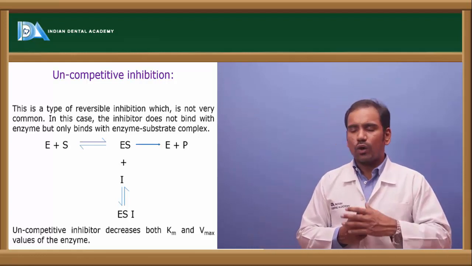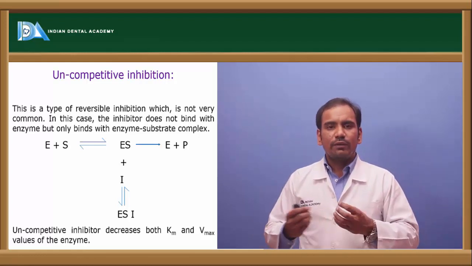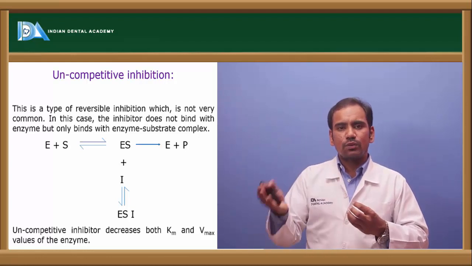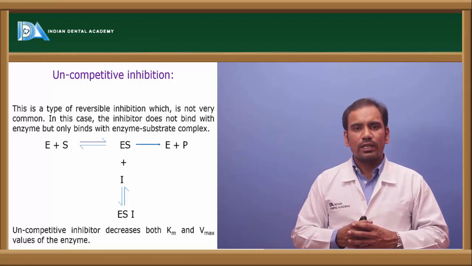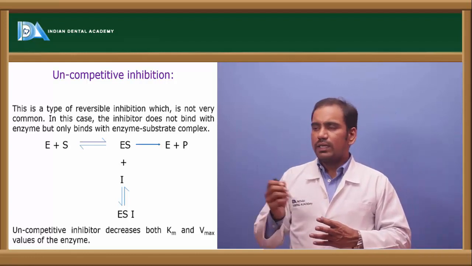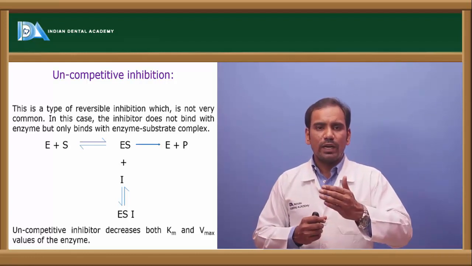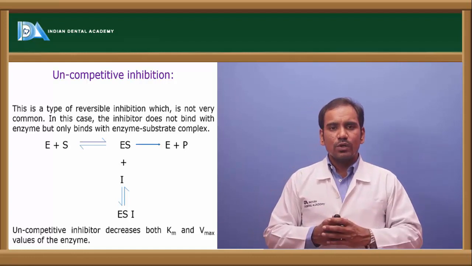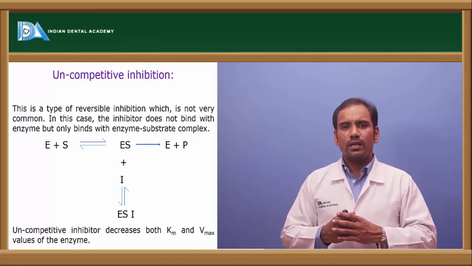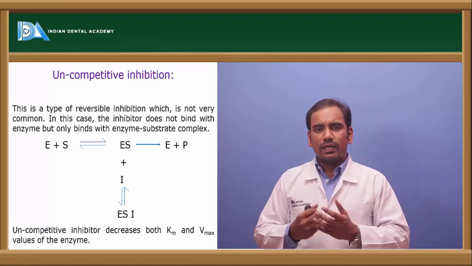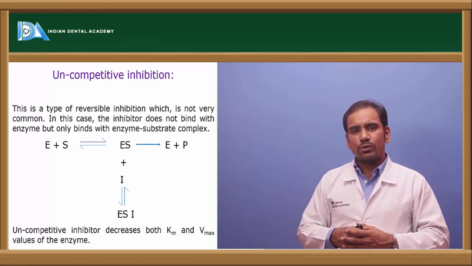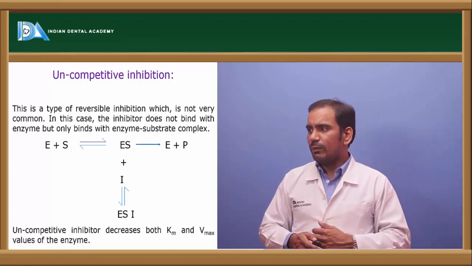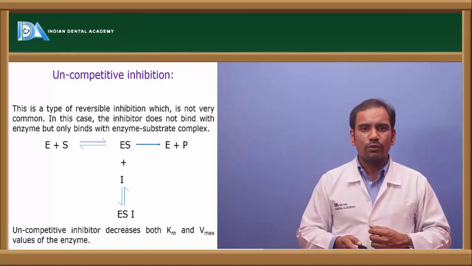The significance of the uncompetitive inhibitor is that it favors more binding of substrate to the enzyme, so that then only the uncompetitive inhibitor can bind with the ES complex. So it favors more binding of substrate to the enzyme. That's why there is a decrease in the Km value, and that results in the formation of the ESI complex, so the velocity maximum also decreases. Both Km and Vmax are decreased in case of uncompetitive inhibition.